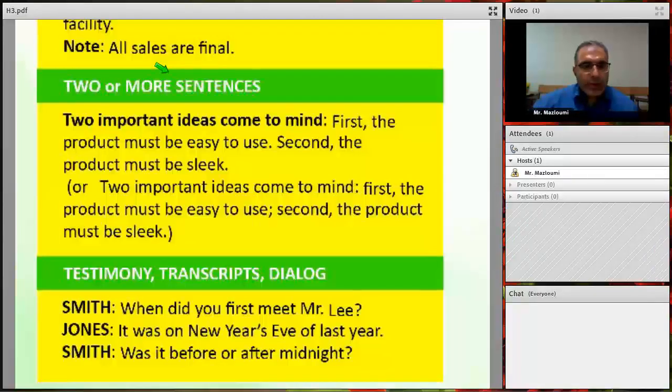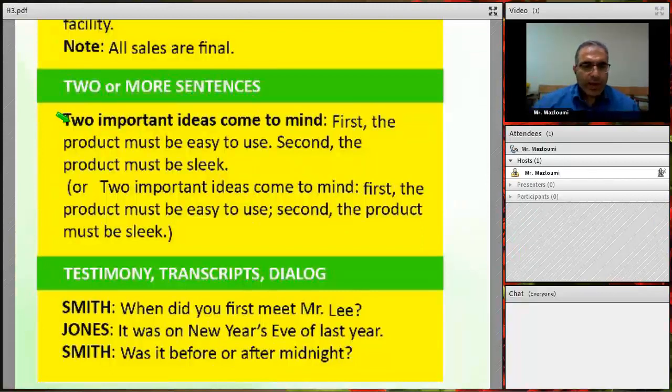Two or more sentences. Two important ideas come to mind. First, the product must be easy to use. Second, the product must be sleek. So, everyone, when we have two or more sentences after a colon, we can capitalize the first letter after the colon.